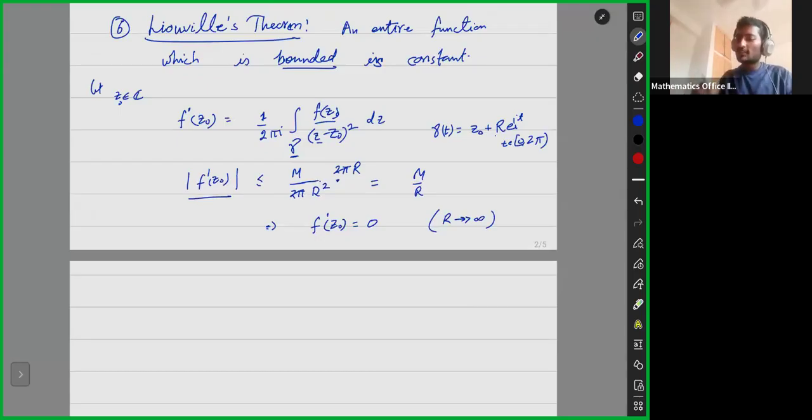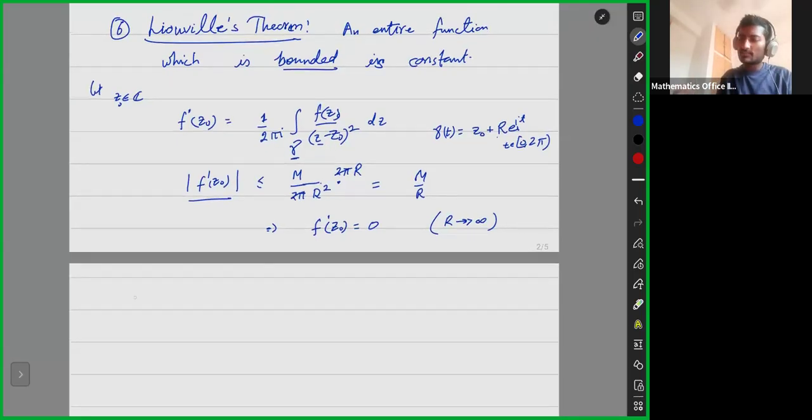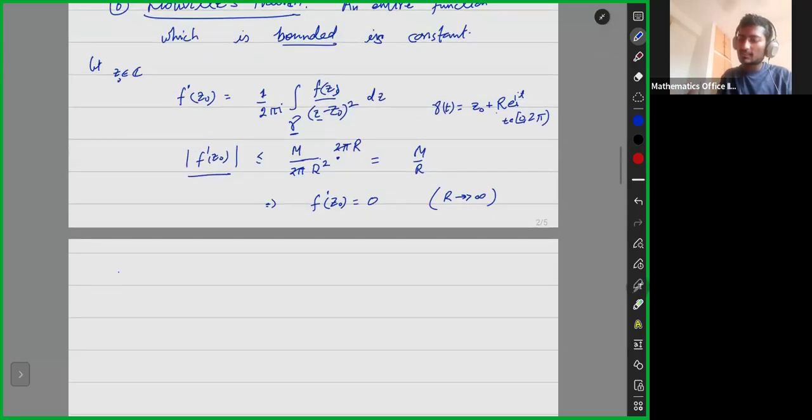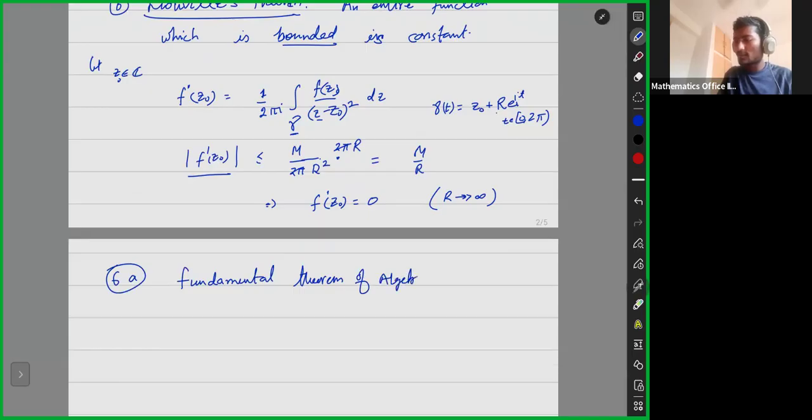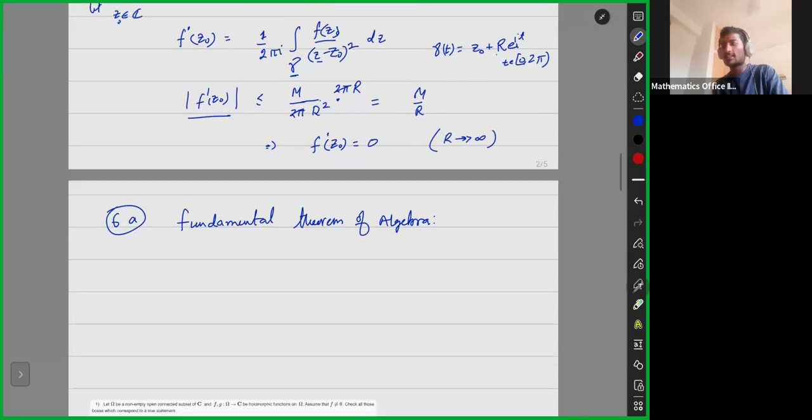Using Liouville's theorem, we have seen corollary 6a, which is the fundamental theorem of algebra. It says that a polynomial of degree n has n roots, possibly not distinct, meaning some roots can repeat.